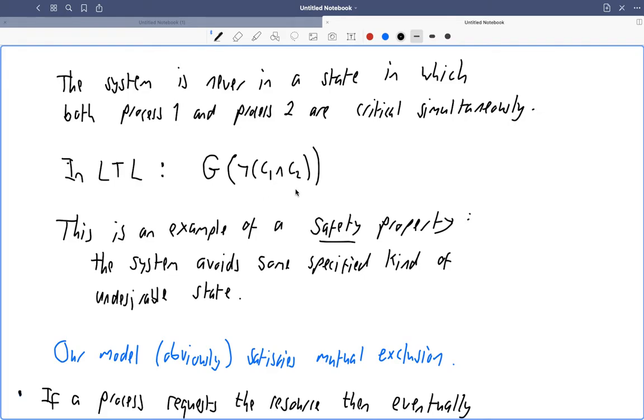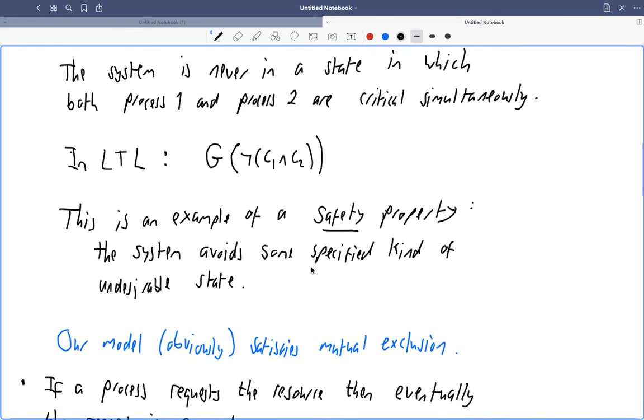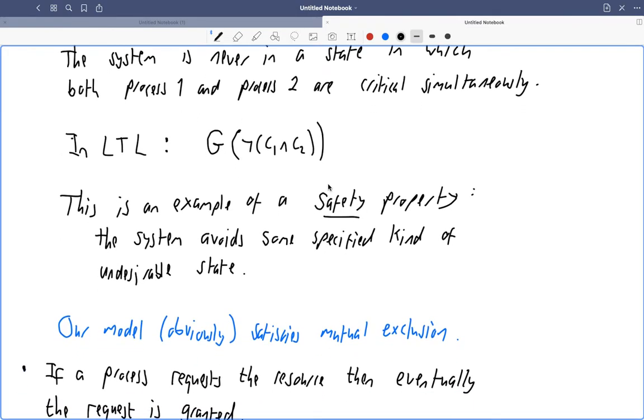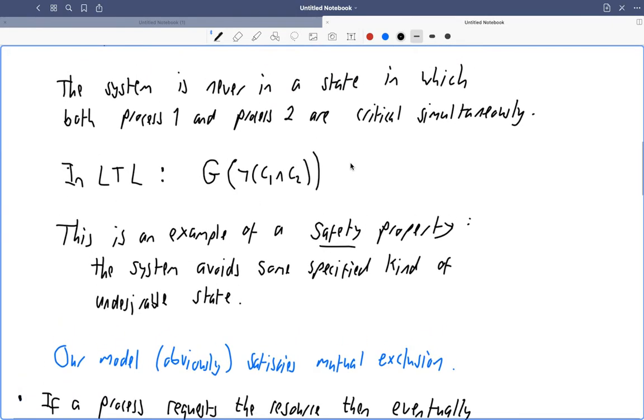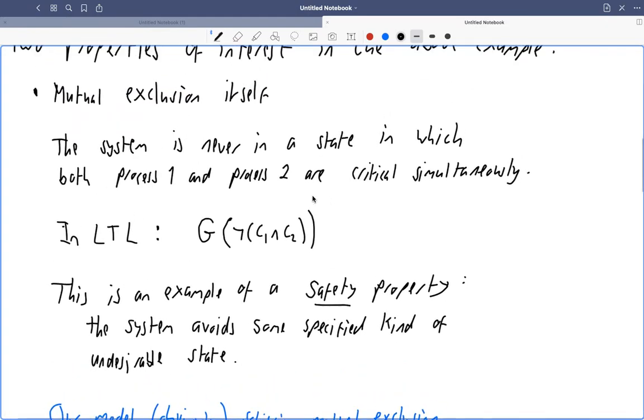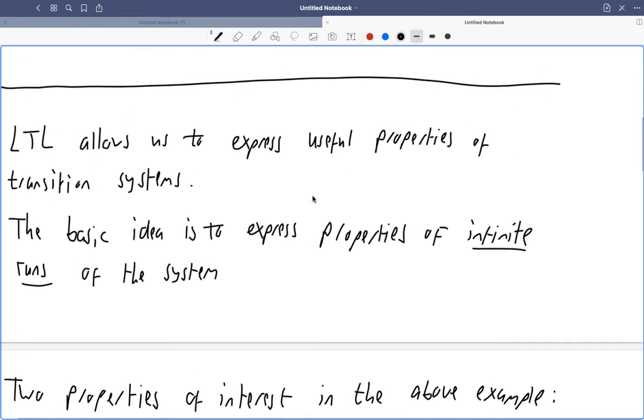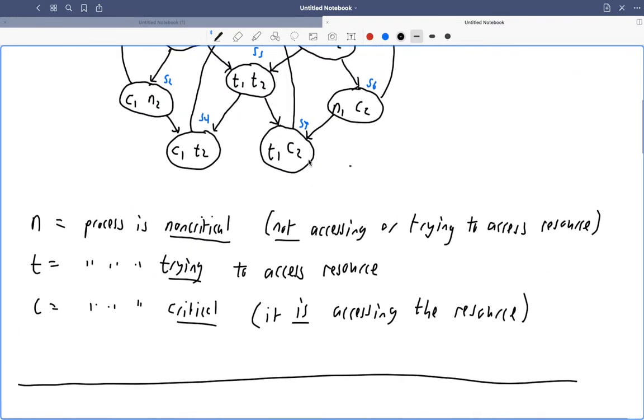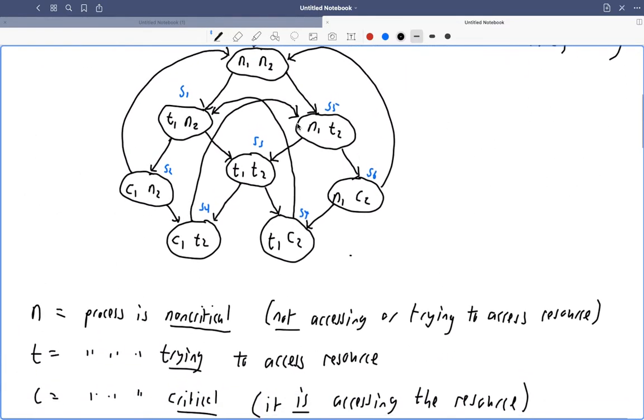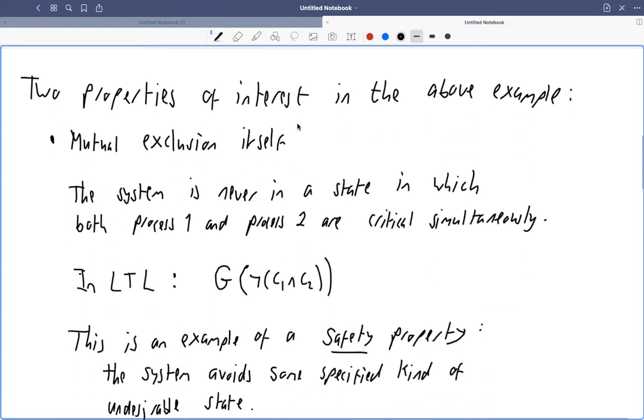So, as I said, that's trivially true. And now you can refer back to the definition and you see that it is saying what it's supposed to be saying. And again, it's trivially true for the reason that indeed there are no states in the system that satisfy both C1 and C2.